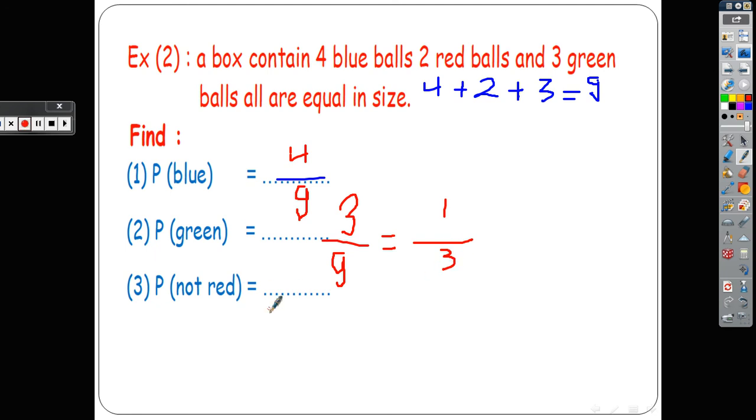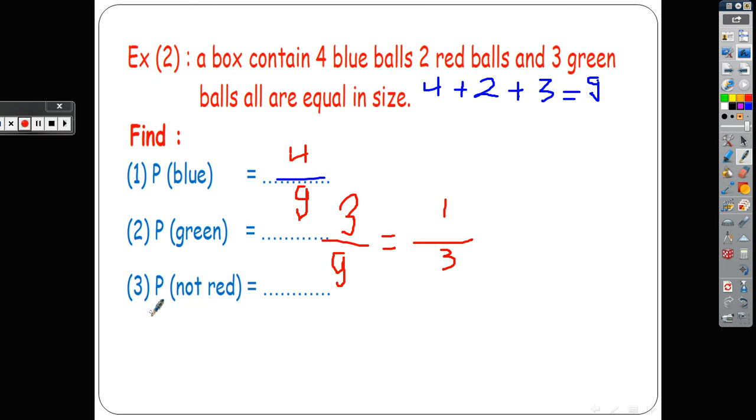What is the probability of the balls not red? You can solve this question by 2 methods. The first method, you collect the balls which are not red. What are the balls which are not red?